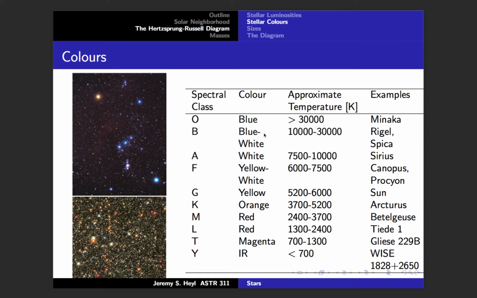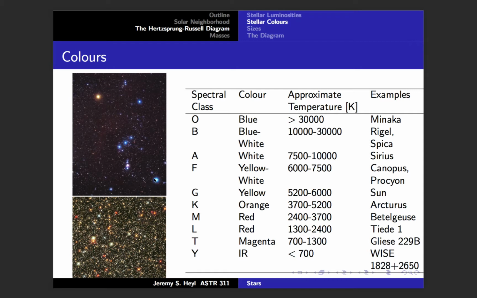So Alkaid, for example, and Mizar are all O and B stars in the Big Dipper. So these stars here in the belt are bluer than this guy, and they would also be O stars, where Rigel is a B star.